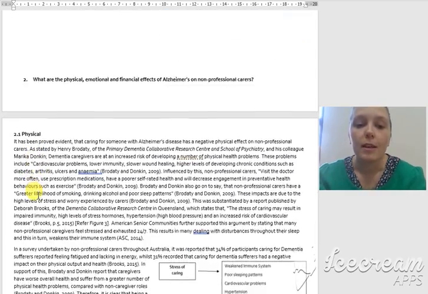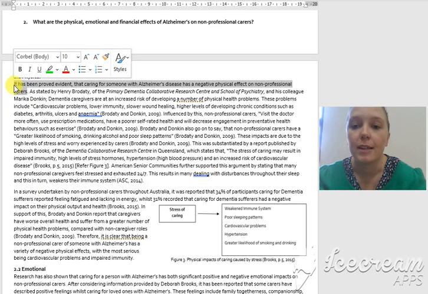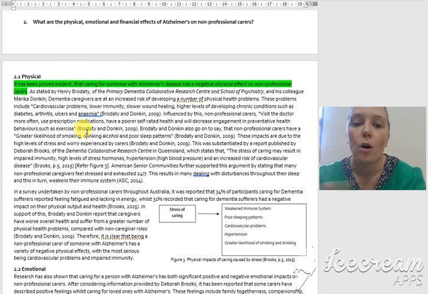What we then see is the student link this in a stronger way. It's been proved evident that caring has a negative physical impact on carers. So this brings in the words of the question and makes a judgment statement and assigns some sort of qualifier to it.